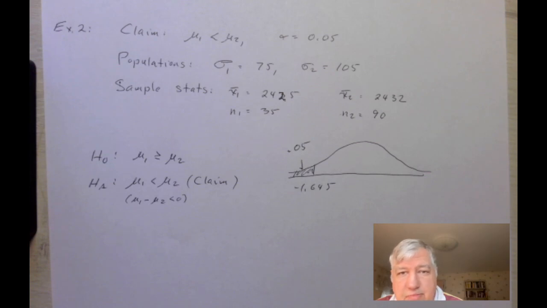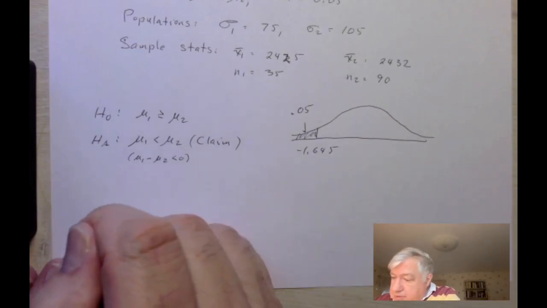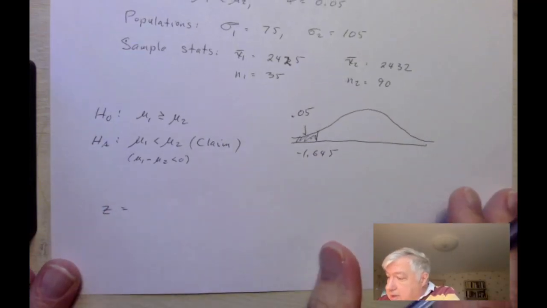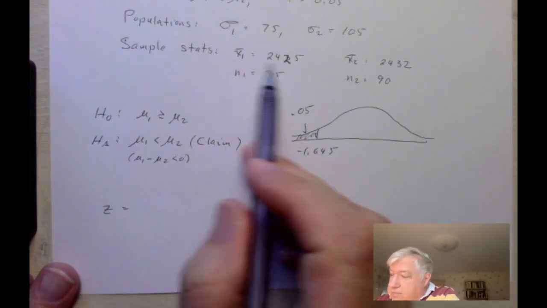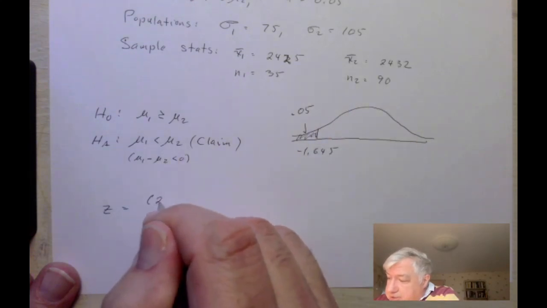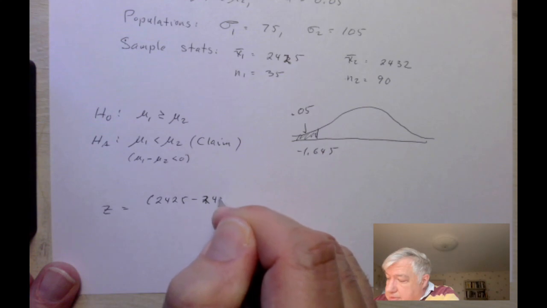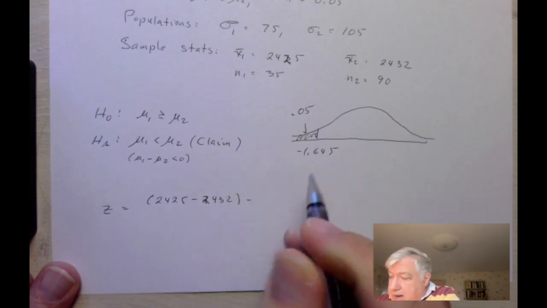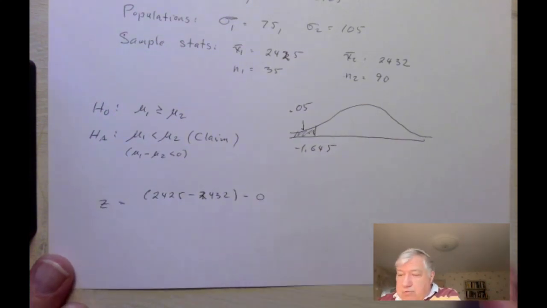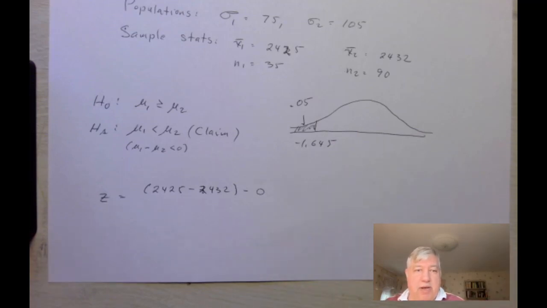We'll also assume that these samples are independent and random, and we can see the population standard deviations are given. So we go ahead and compute z. x1 bar minus x2 bar is 2425 minus 2432, minus 0, since we can assume mu1 minus mu2 is 0.